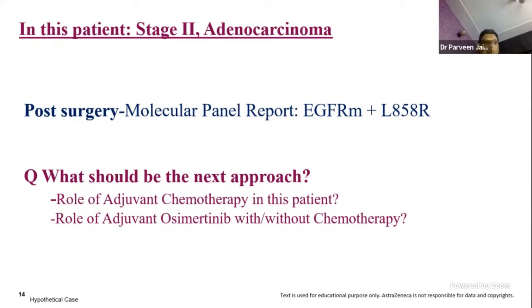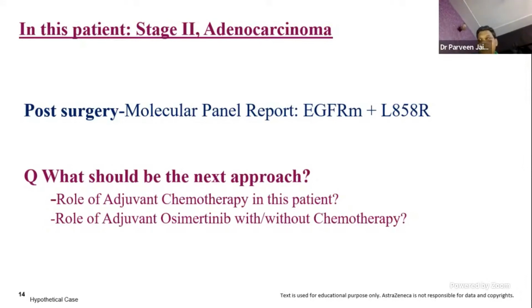We have seen in the metastatic setting, in some real world evidence, that the incidence of cardiac issues was close to 8 to 9%. So I think we have to wait for the complete analysis of osimertinib, and see not only the efficacy analysis but also the safety analysis of such a drug. And nobody is sure whether it is delaying the recurrence or preventing the recurrence. So I'm not sure of it.